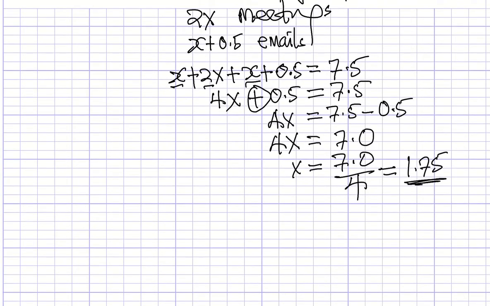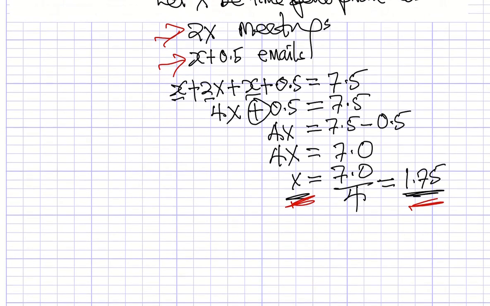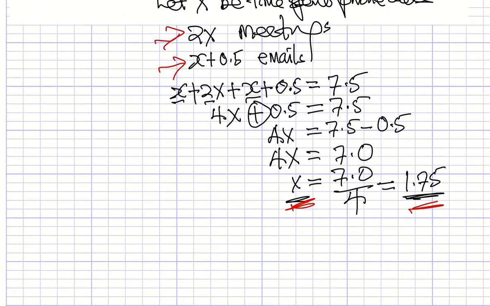That's 1.75 hours for x. Then you go back to the meeting: the time she spent in meetings is 2x, which is 2 times 1.75.